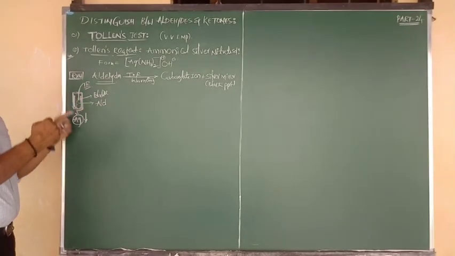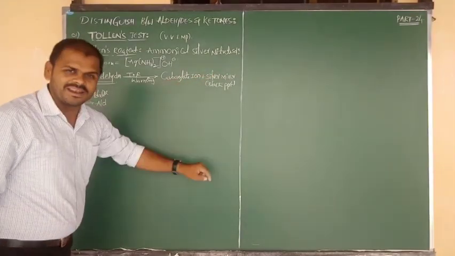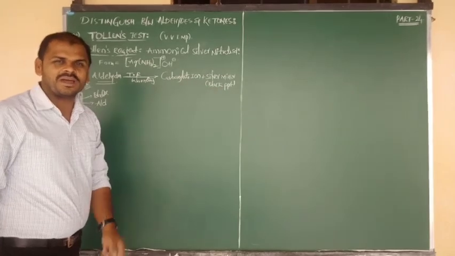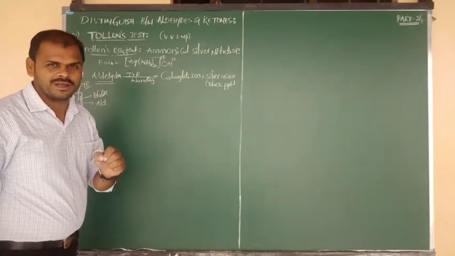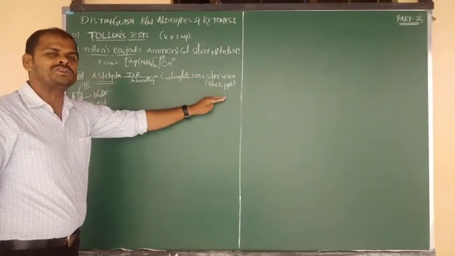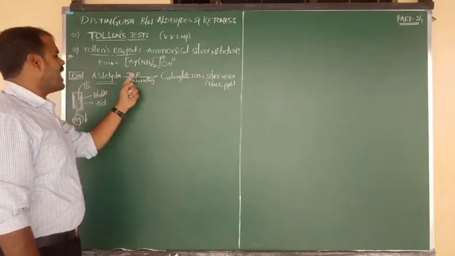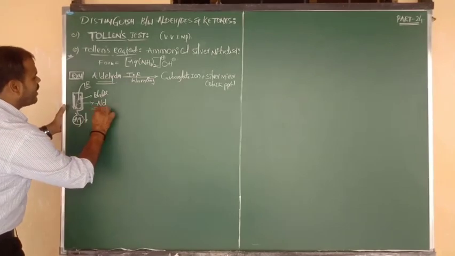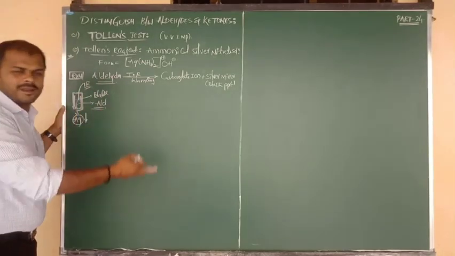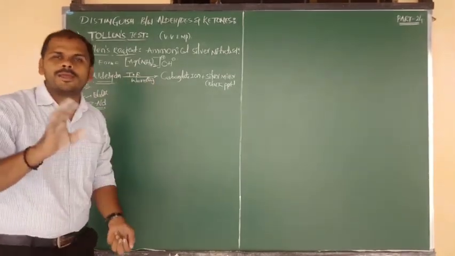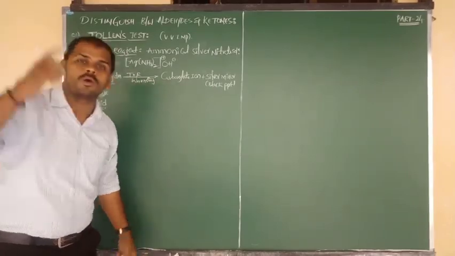Such wall coating is known as silver mirror, and we also say black precipitate formation. Such silver mirror formation and black precipitate formation take place only in the reaction between Tollens reagent and aldehyde. Such black precipitate and silver mirror cannot be formed from ketones.